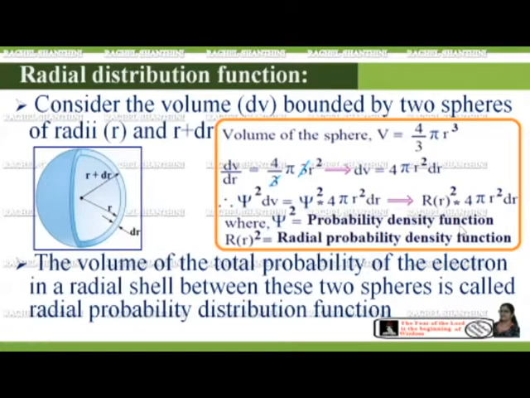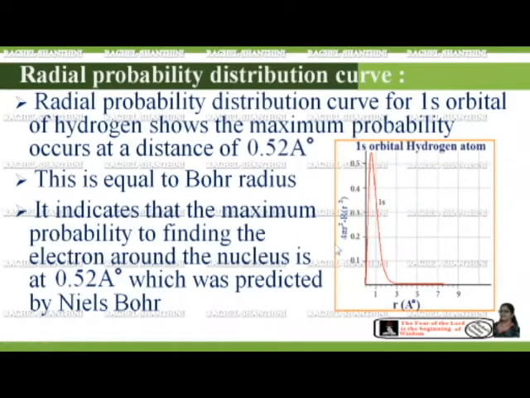In order to express this as the radial probability density function, instead of psi square, we can write it as R of r square into 4 pi r square dr. The total probability of the electron in a radial shell between these two spheres is called the radial probability distribution function.